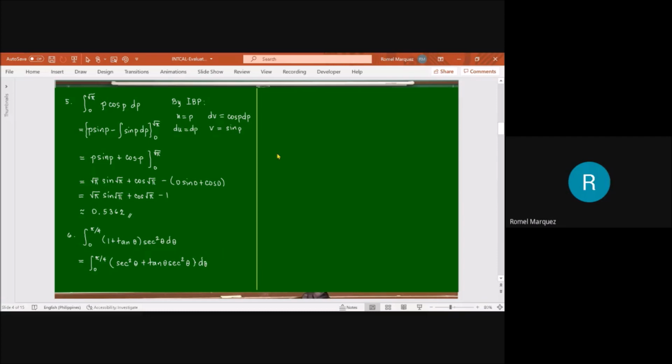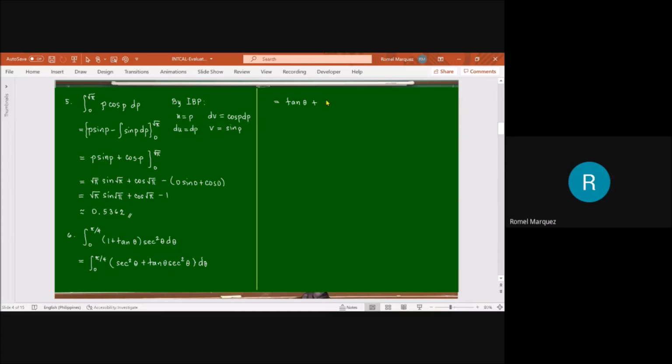So let's integrate this term by term. What's the integral of the first term? Tangent, no? Integral of secant squared theta d theta is tangent theta. So this is general power. Our u is tangent. Our du is secant squared theta d theta.